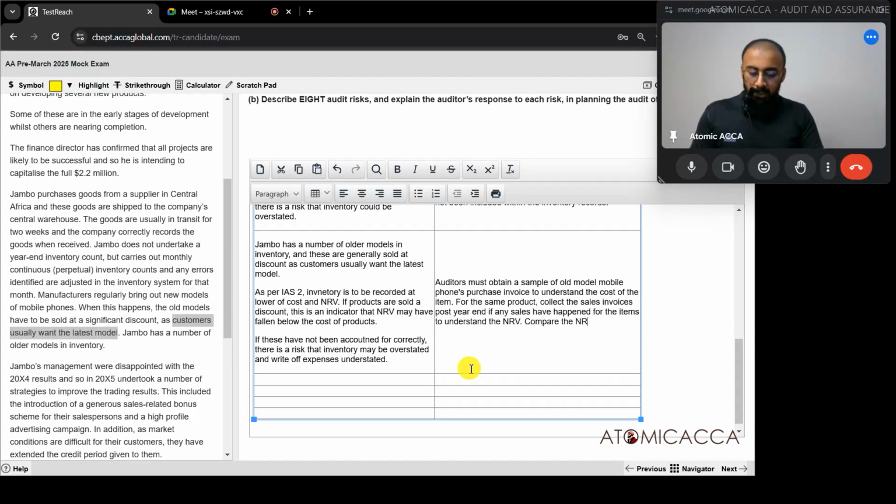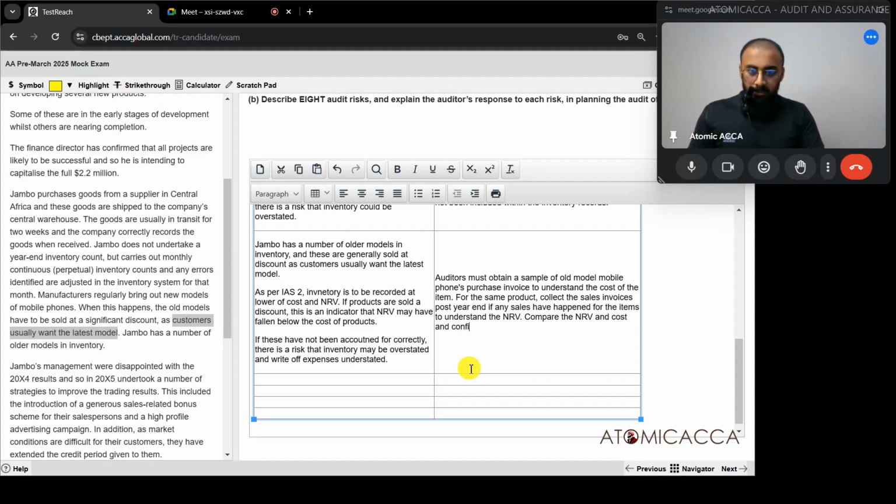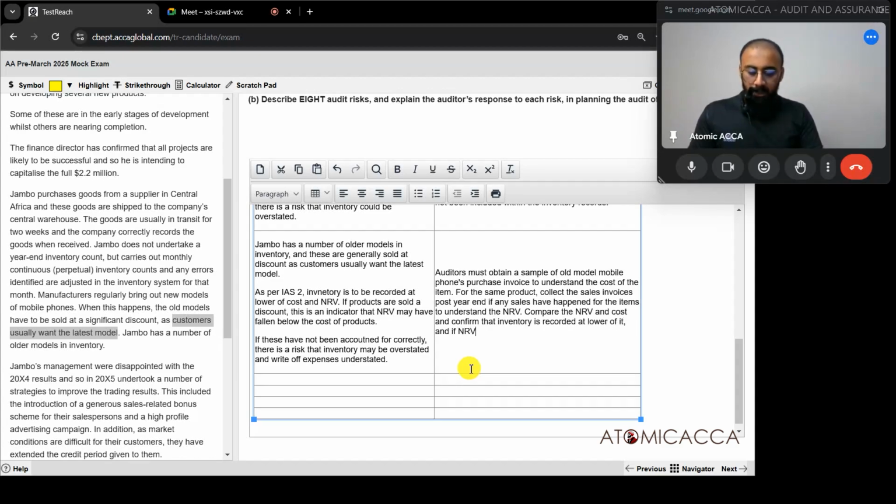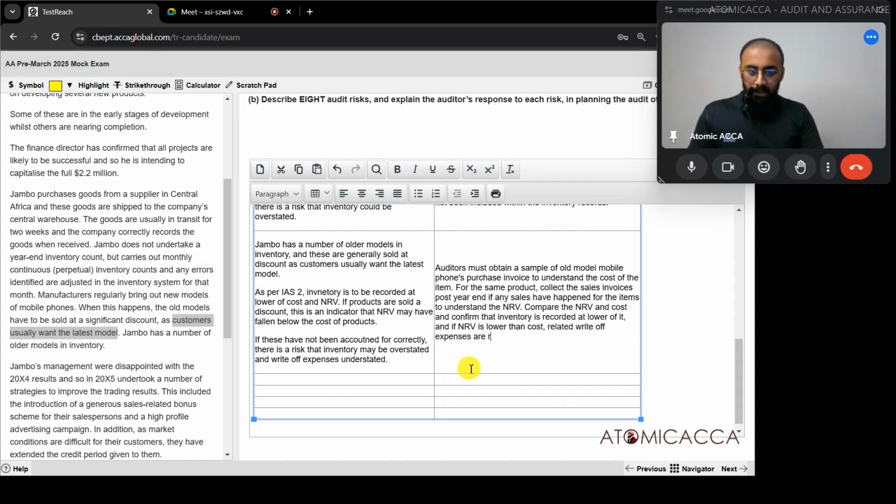Compare the NRV and cost and confirm that inventory is recorded at the lower of it, and if NRV is lower than cost, confirm that related write-off expenses are recorded in SOPL. Okay, so that is also over.